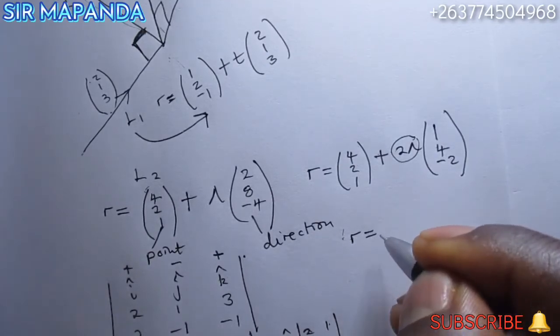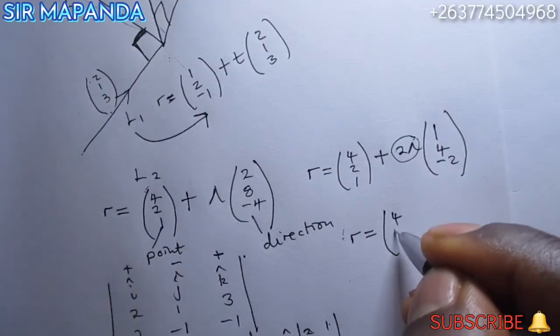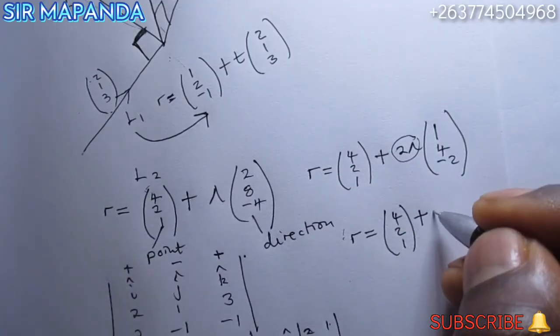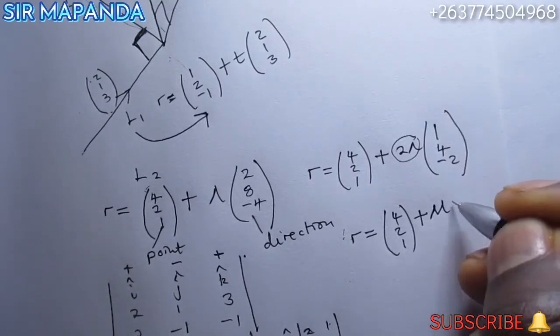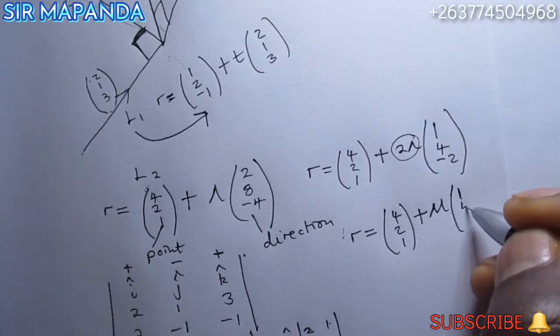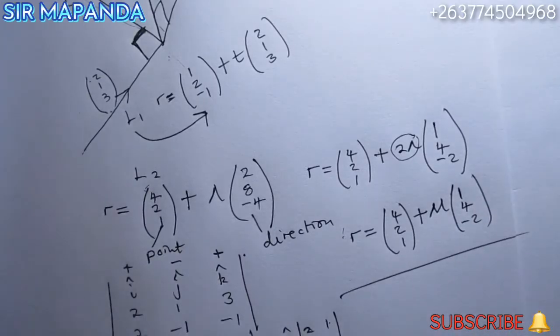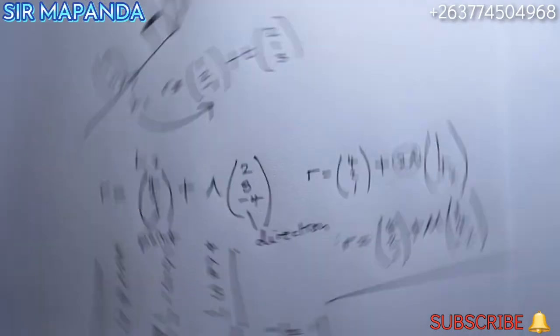So you can write it as r = (4, 2, 1) plus mu (1, 4, -2), something like this. You can reduce the equation further. I hope you are following. Right, so I want you to stay tuned as we move on to the last question.